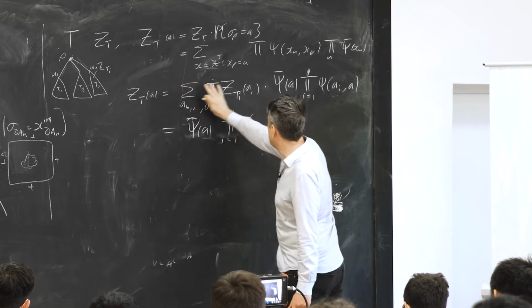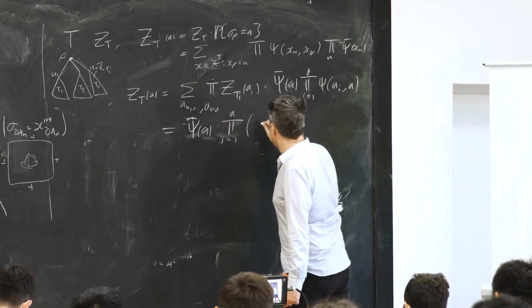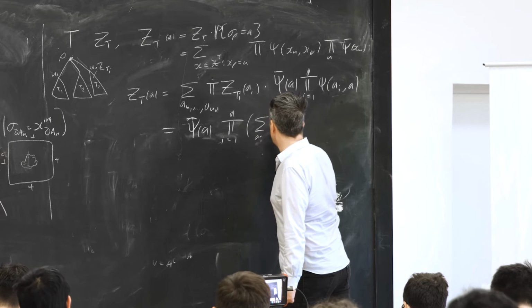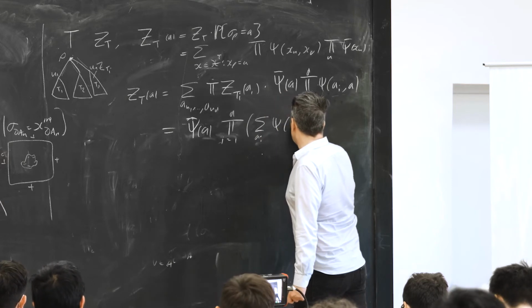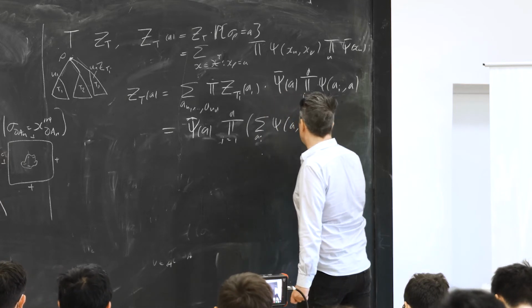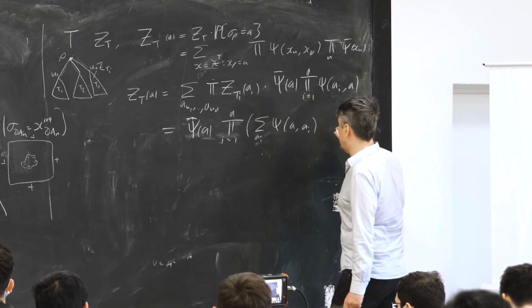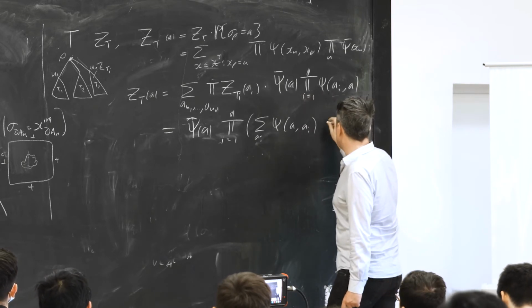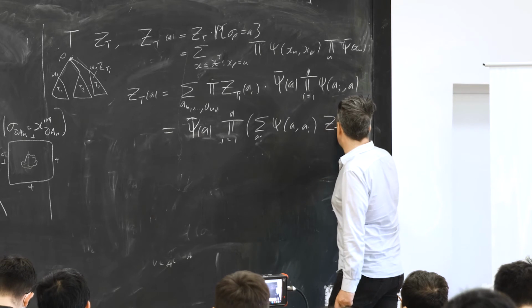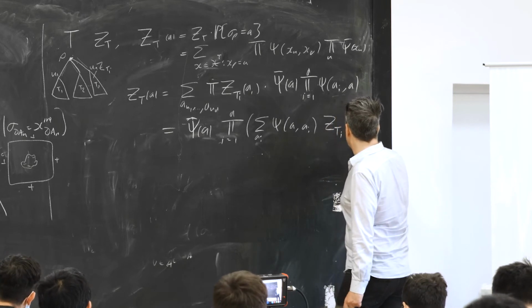So move this sum inside the product: I have the sum over A_i of psi(A, A_i) Z_{T_i}(A_i).